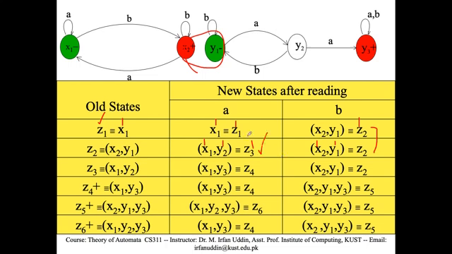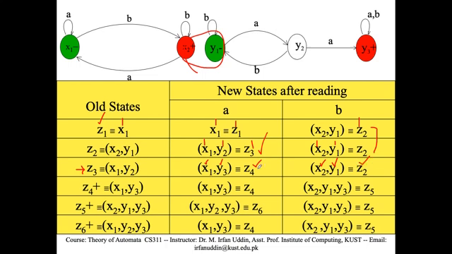Now we have a new state Z3. We take it. It consists of X1, Y2. X1 reading A, we go to X1. Y2 reading A, we go to Y3. It's a new state, so we name it Z4. X1 reading B, we go to X2. Y2 reading B, we go to X2, Y1, which is Z2.